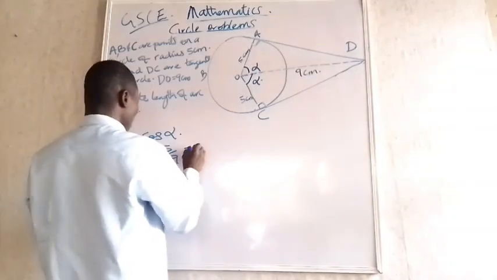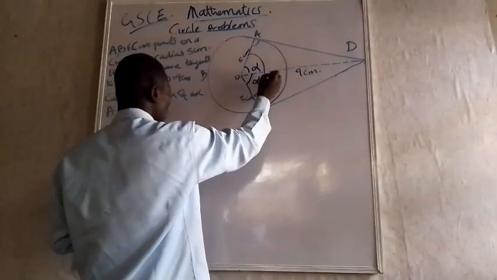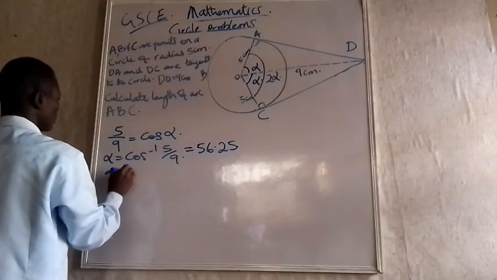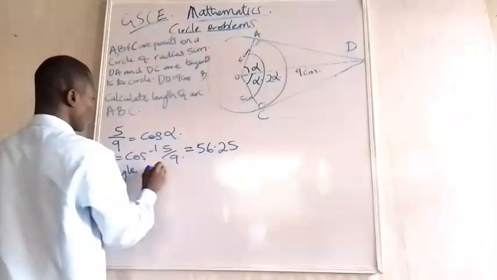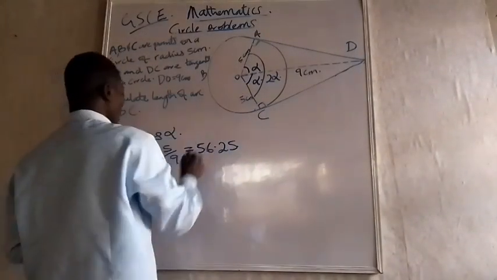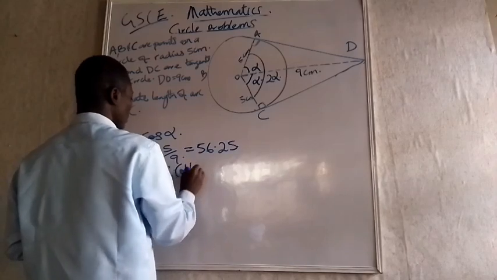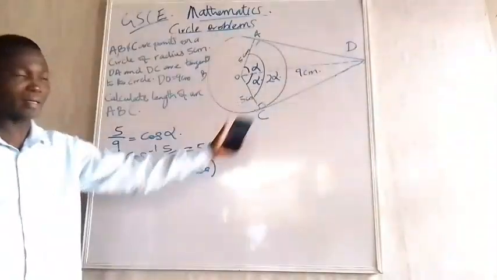So this angle here is 56.25. So the total angle here is equal to 2 alpha. So angle AOC this side will be obtuse, because we need the reflex angle to be able to find this arc length.